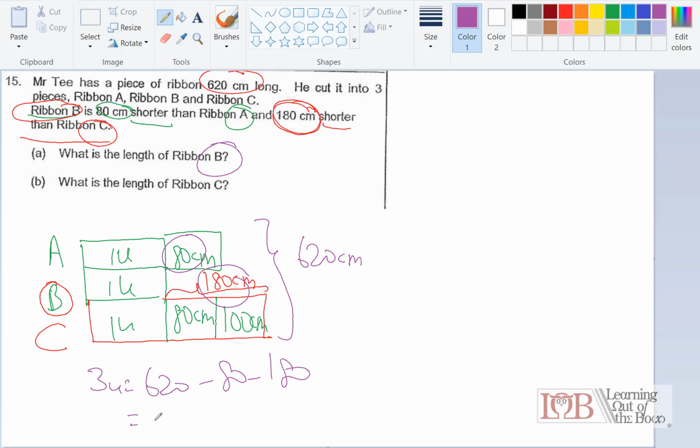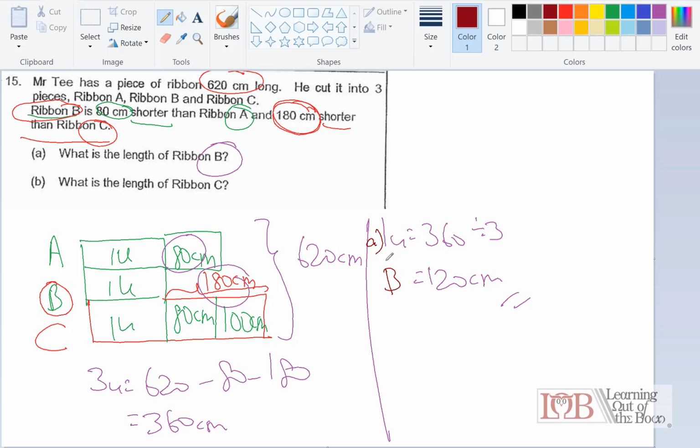Okay, I'll use the calculator because I just want to focus on my explanation, which is 360 cm. So 1 unit is 360 divided by 3, which is 120 cm. Okay, so this is the answer for part A, because B happens to be also 1 unit.